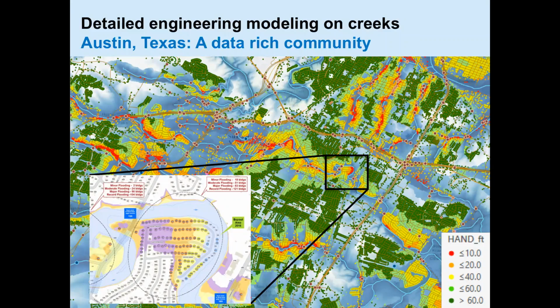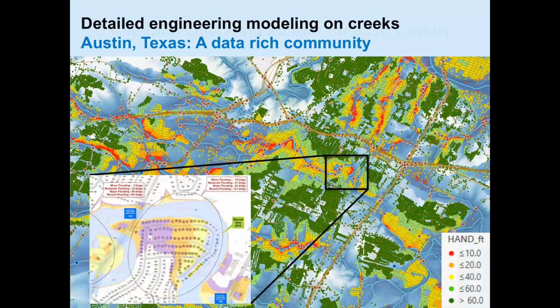This is a flood risk planning map, this one in the inset. And that's what this map on the screen is useful for, is really for planning. It's for looking for potential impacts. And the blue dots on the streams are dams, the brown dots are bridges, and then I've also got transportation on there.